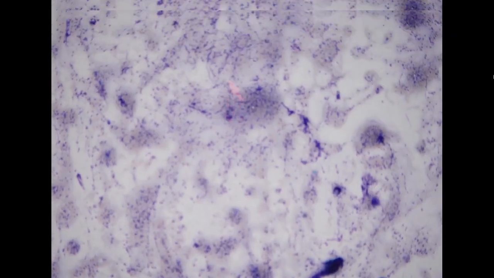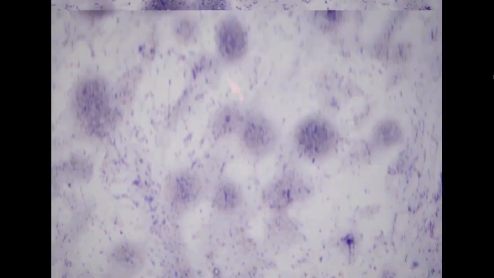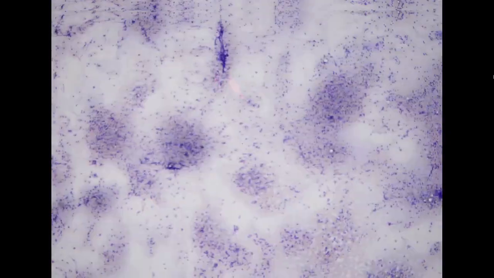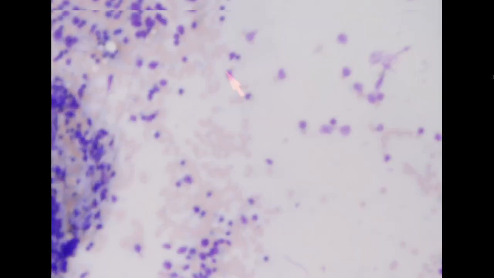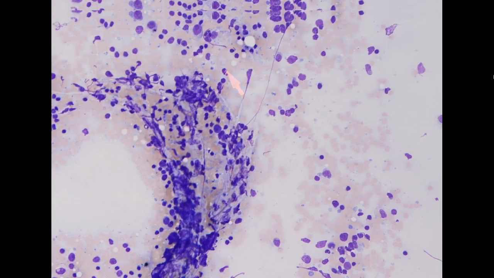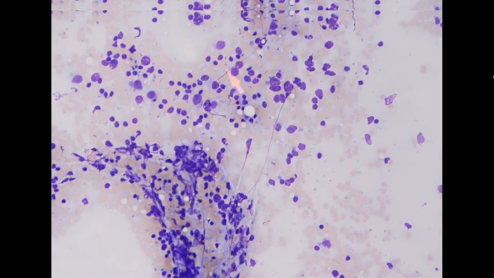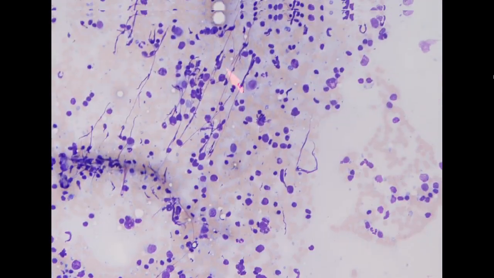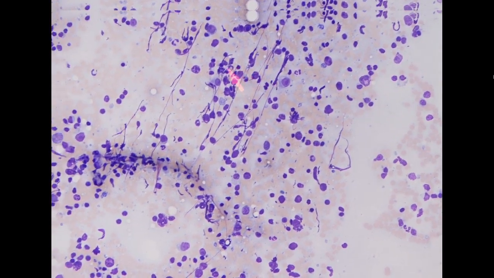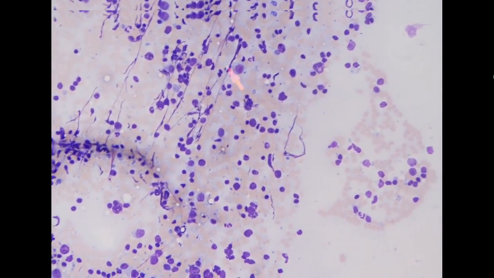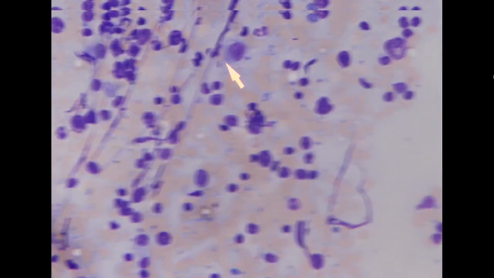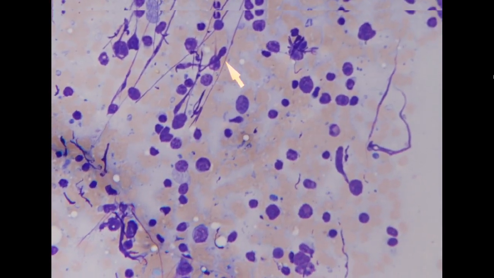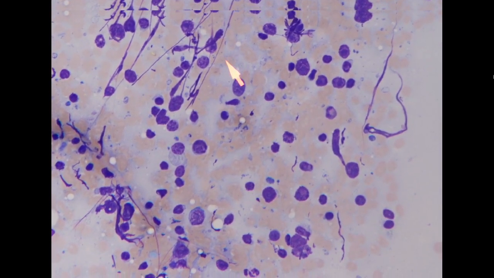Based on the cytomorphology, it is diagnostic for lymphoma, but occasionally we will see some unusual situation where another small round cell tumor will mimic the morphologic feature of a lymphoma. The most notorious one is small cell carcinoma, but other small round cell tumors, even sarcoma, can show a similar morphologic pattern.